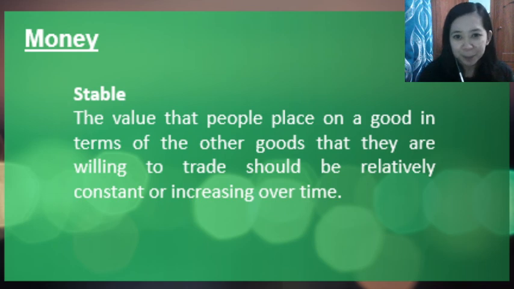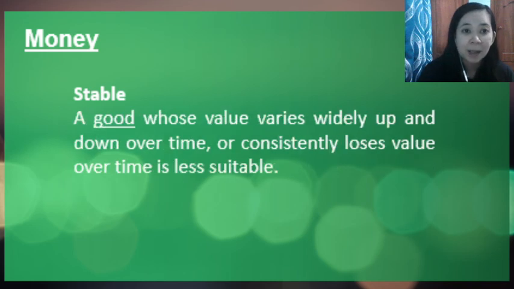Okay, another feature is that money should be stable. Meaning to say, the value that people place on a good in terms of the other goods that they are willing to trade should be relatively constant, or depending on the situation, it can increase over time. But then again, the money that we have, its value doesn't change over time, although its purchasing power will reduce or increase in some cases.